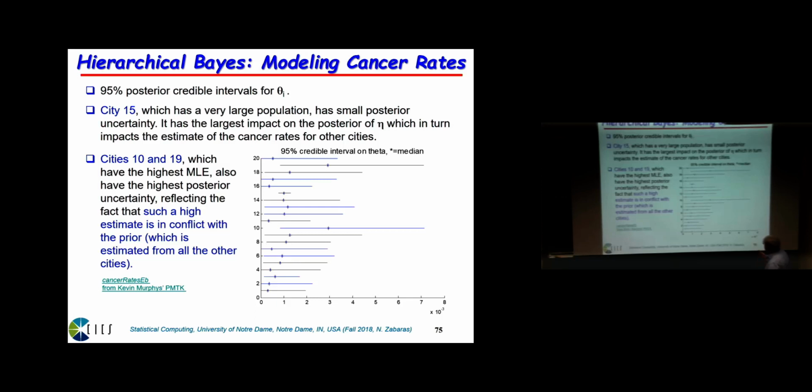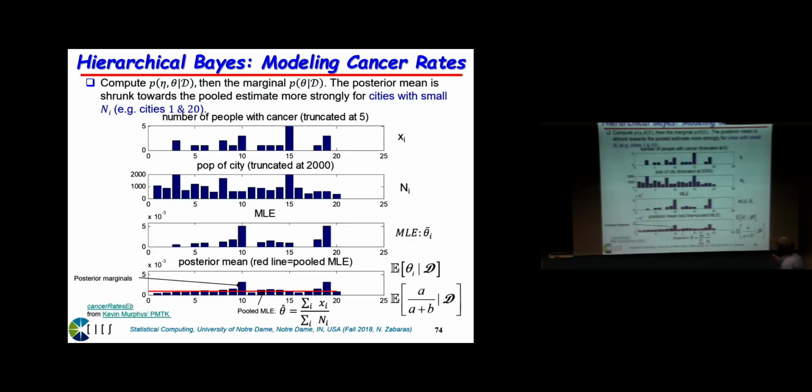And the idea here is, if you look, let's say, at city 19, the estimates that you get with MLE are way off from the estimates that you get from the prior. So how is this represented in the final results?